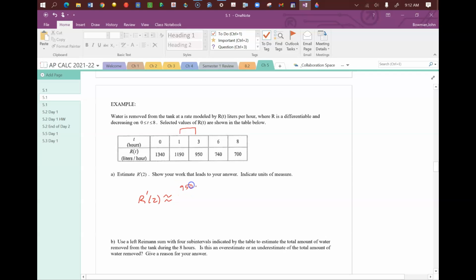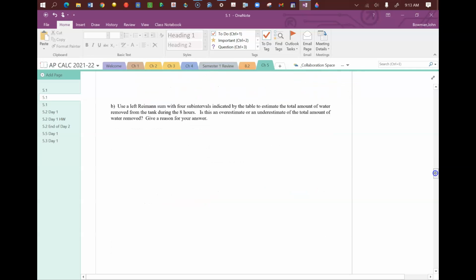So 950 minus 1190 over 3 minus 1, or negative 70 liters per hour, the numerator, over hours, or liters per hour squared, negative 70 liters per hour squared. Again, that's the rate of change of R of t, not the total amount of water that is removed from the tank at time 2.